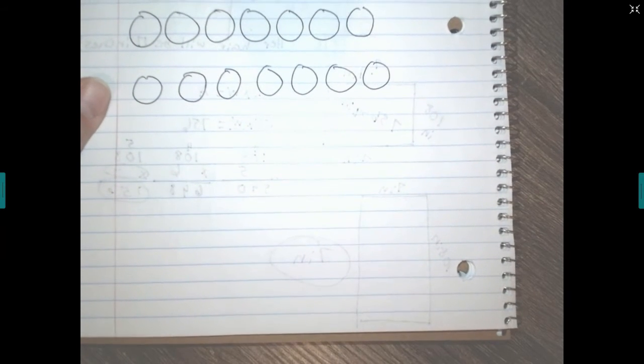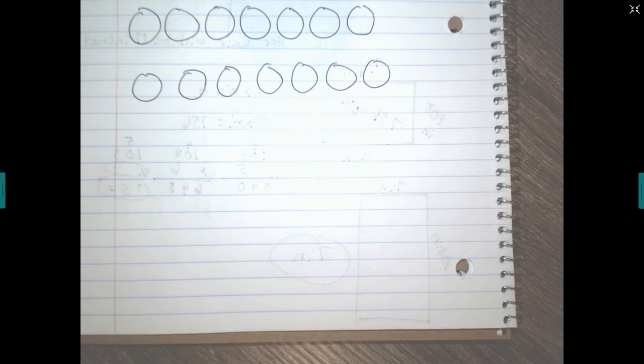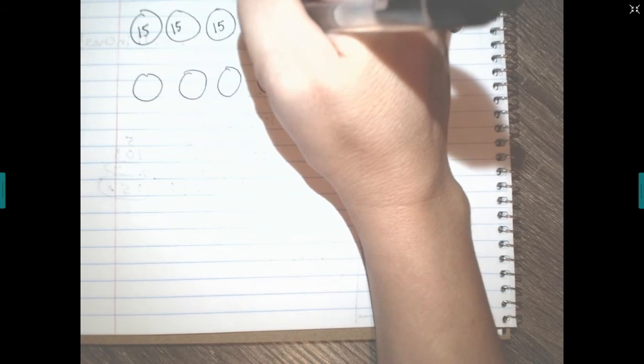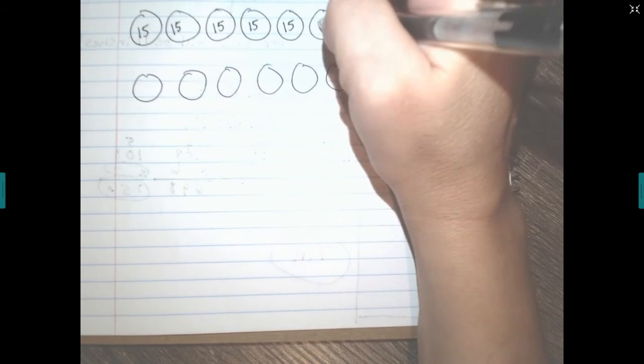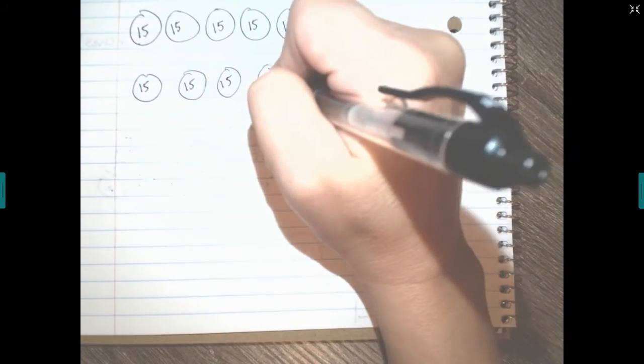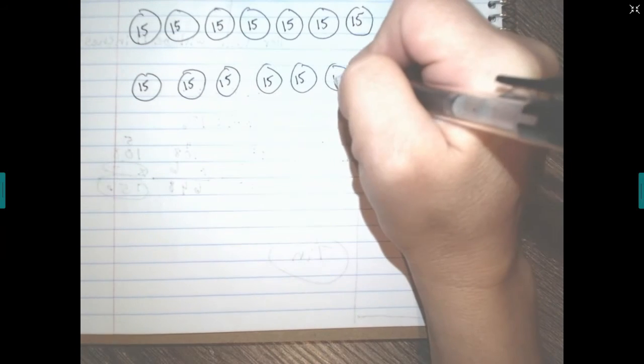So that's a total of 14 hours. Every hour, he hands out 15 coupons. So I'm writing a 15 in each group.